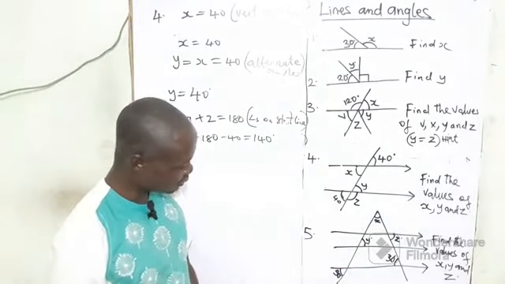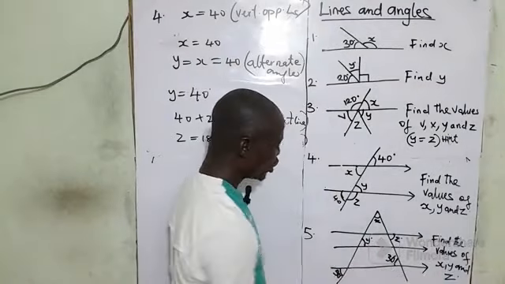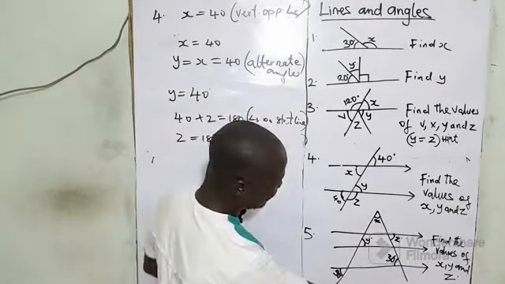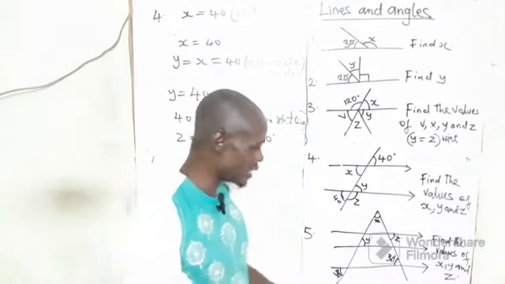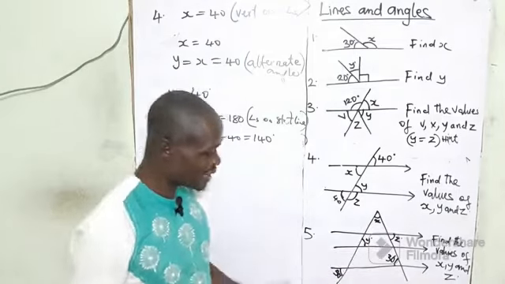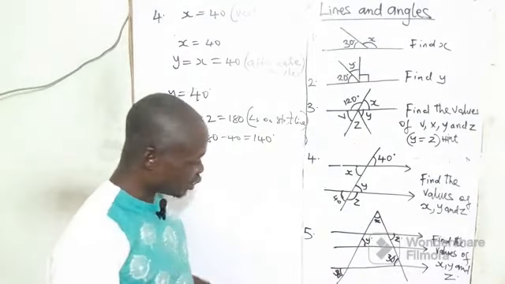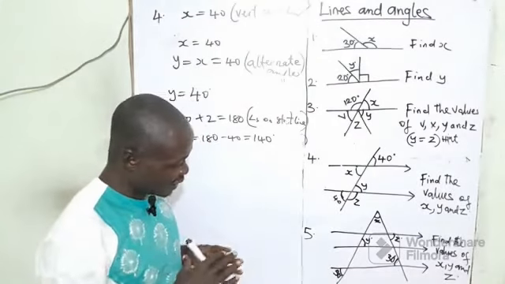Whenever we have parallel lines and a transversal cutting them, we suspect alternate angles, corresponding angles, and vertically opposite angles. So we can apply them in solving all this.